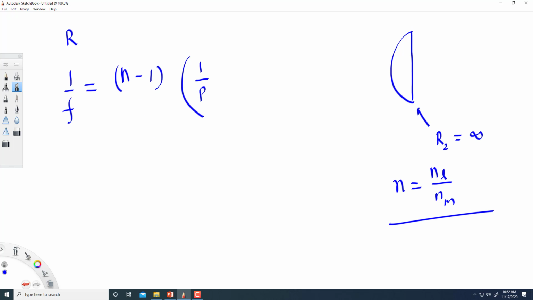In this case, the focal length is 25 centimeters. Refractive index is 1.52, and r2 is infinity, and then you can find r1.